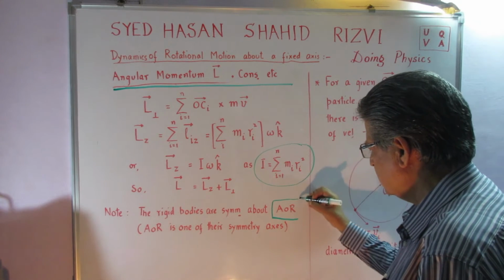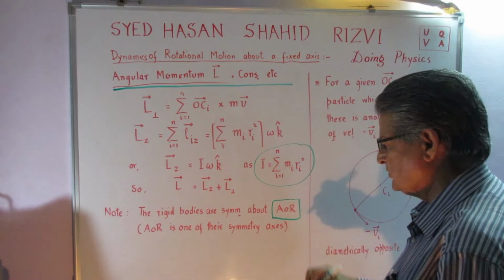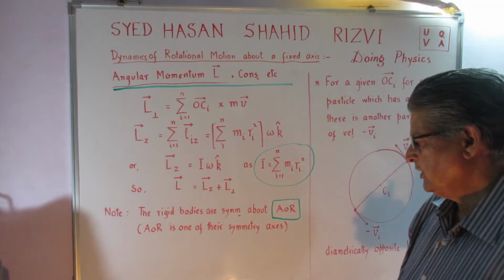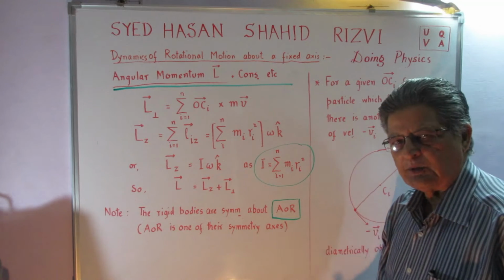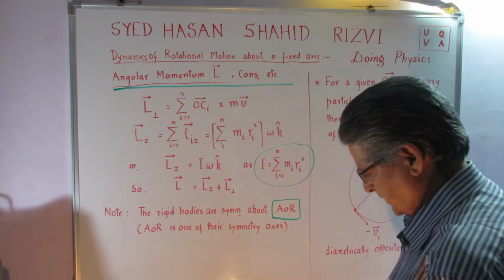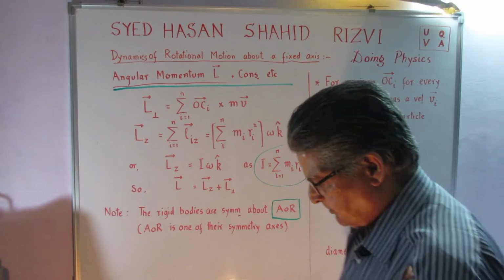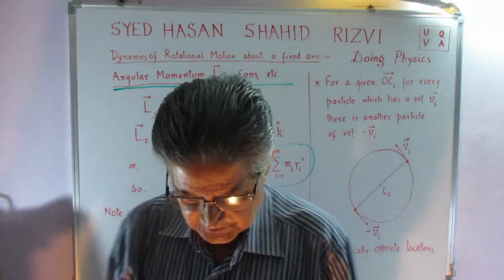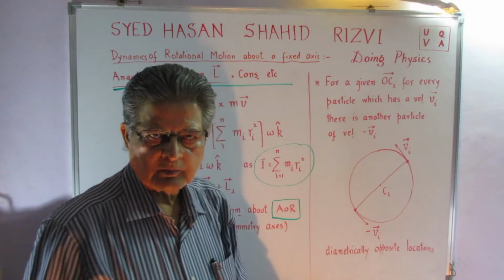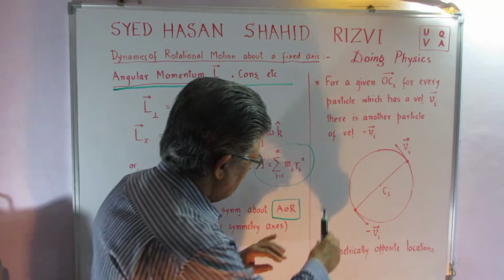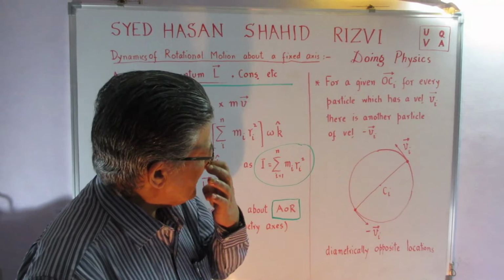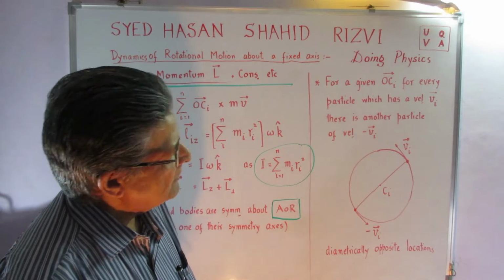I'm just writing a short form for the axis of rotation, which means that the axis of rotation is one of the symmetry axes of the body under consideration. Now, bear in mind that for OCi, O was here, Ci is here in the diagram, the other diagram that you have.